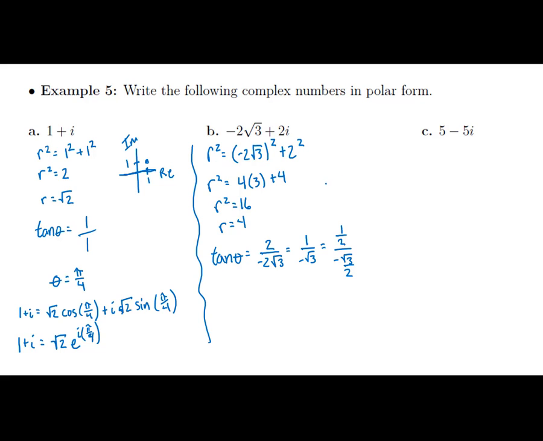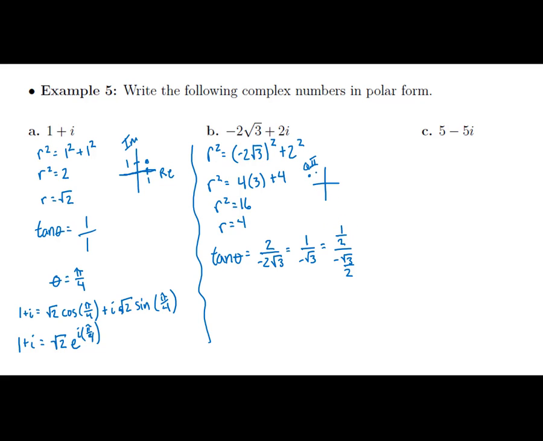So I know that this is where my y, or in this case the imaginary part, is positive, as we can see here, and the x is negative, or the real part is negative. And so we're definitely over here somewhere in quadrant 2.